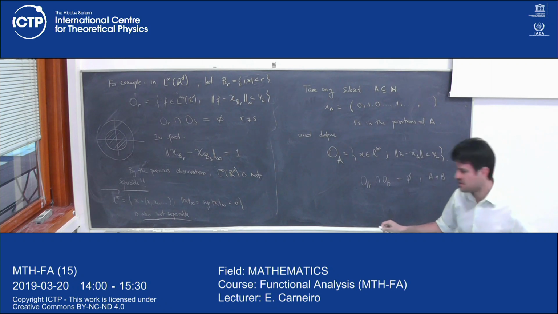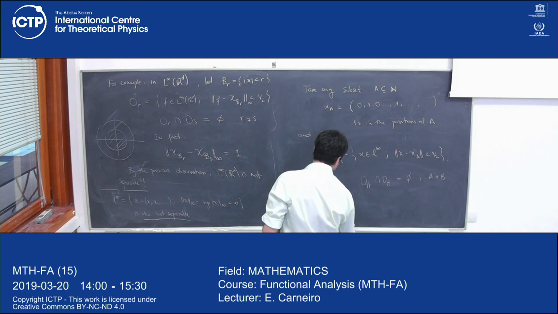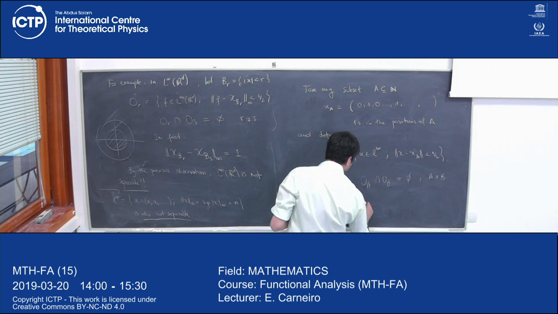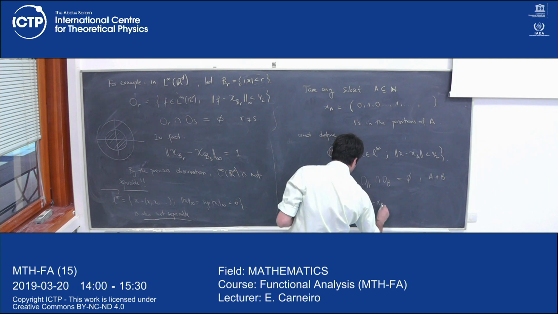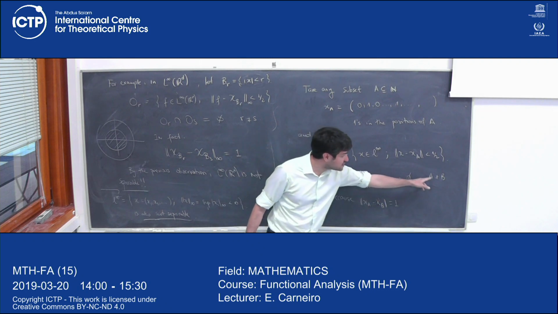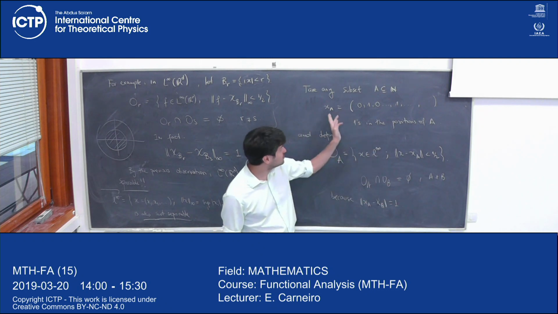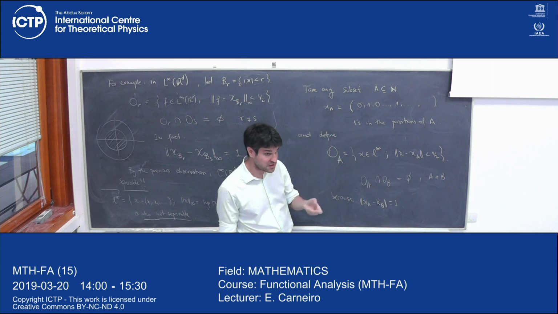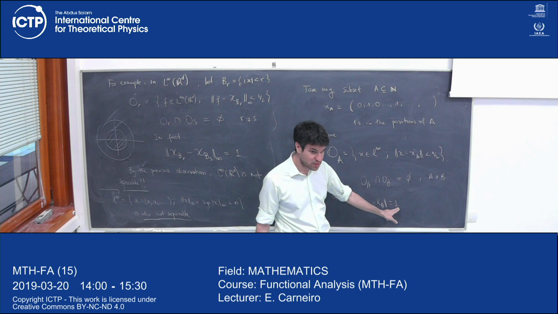And the reason for this is that the distance from the element XA to the element XB is 1, right? If A and B are different sets, then the elements XA and XB must differ in at least one position, and so this distance will be 1.